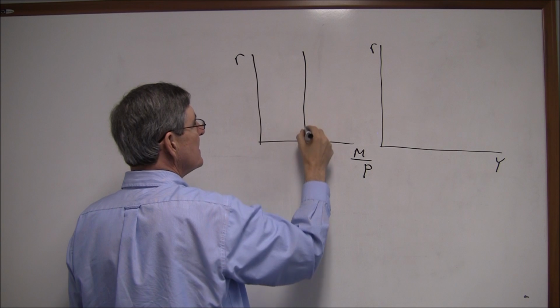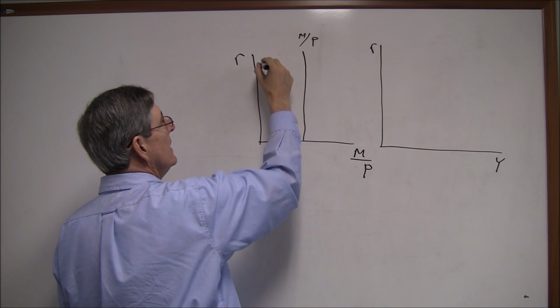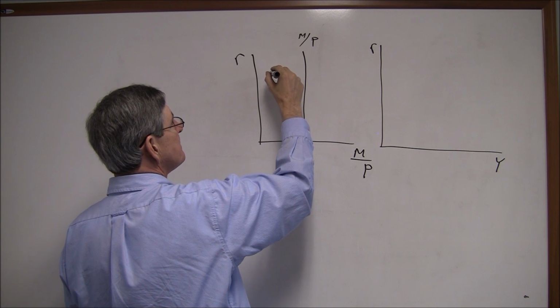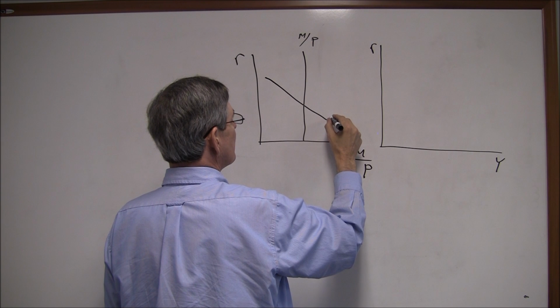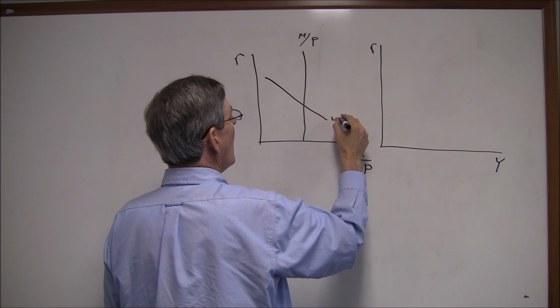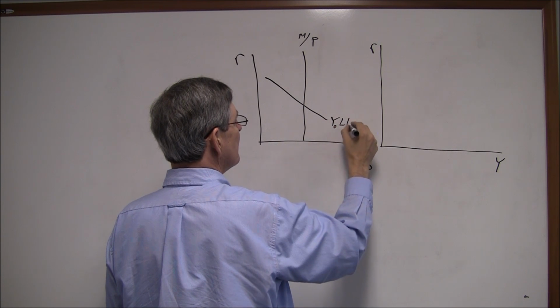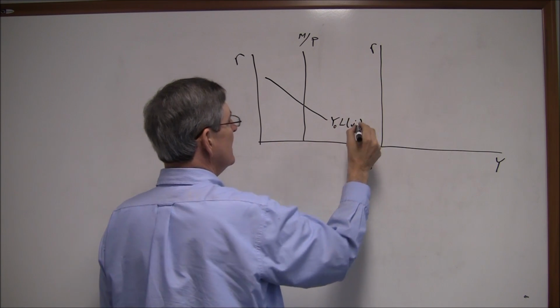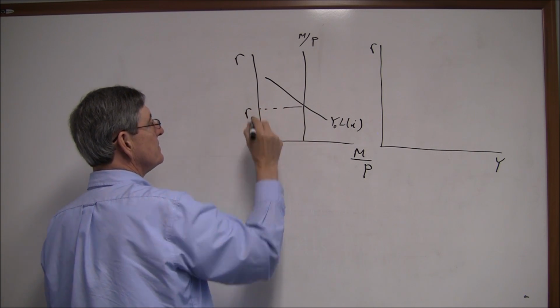So this is going to be M over P. We divided through by P. And this term here is going to be Y L. I'm going to call this Y0, L of I. So that gives us R0.